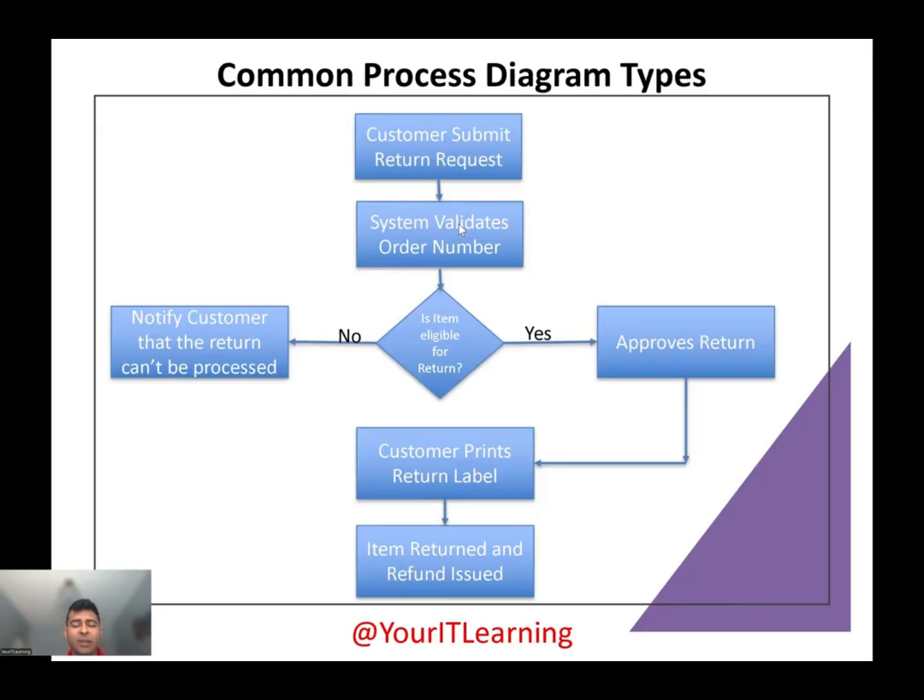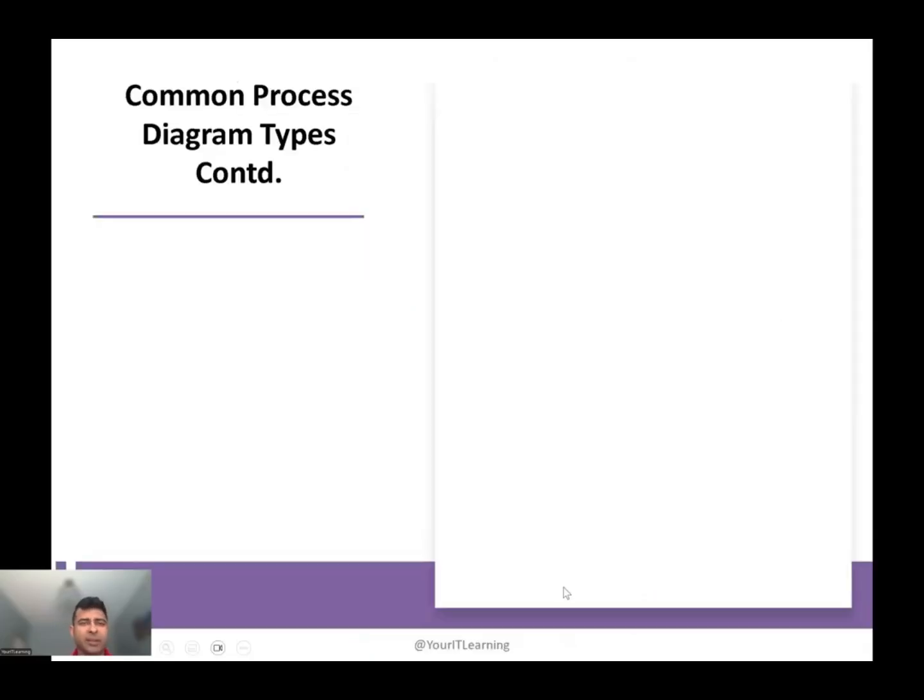If it's yes, we approve the return, customer prints return label, and then the item is returned to the warehouse by post, and then the refund is issued. So this is so visual as compared to the last slide where we were going step by step and laying down what the steps are. So this is why we use a flowchart.